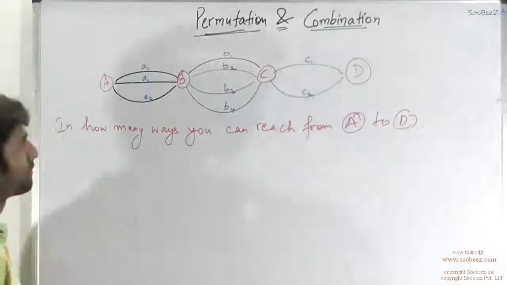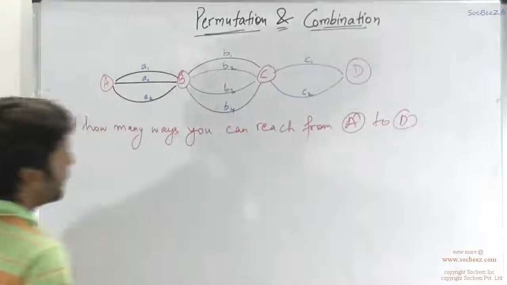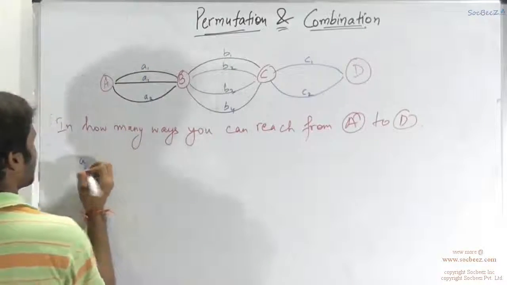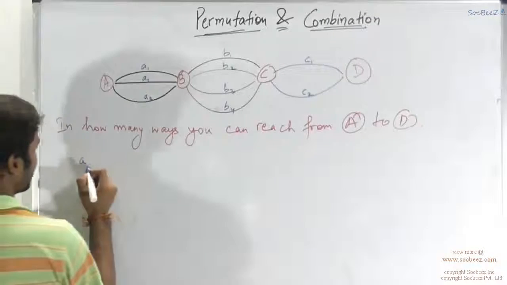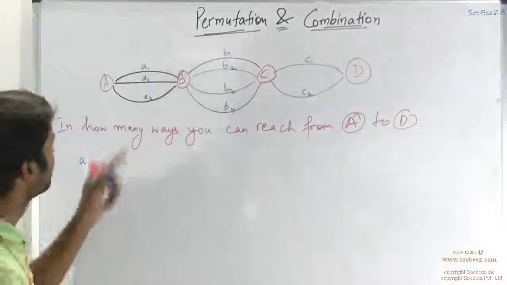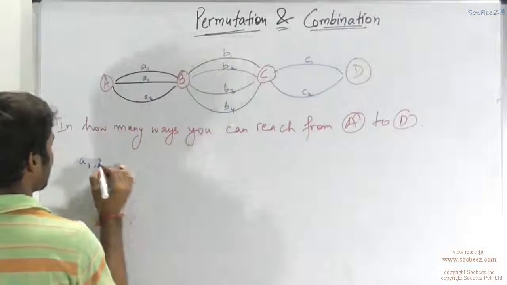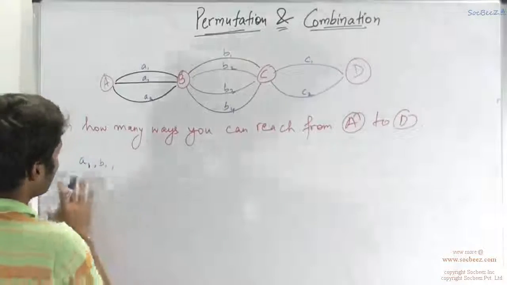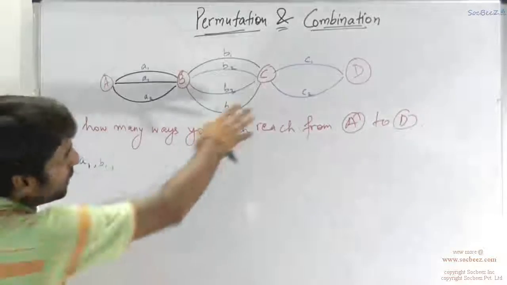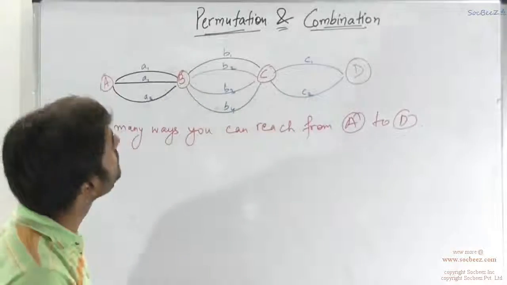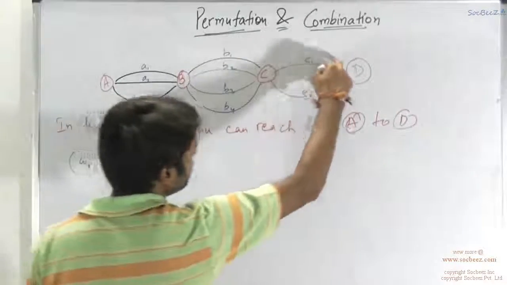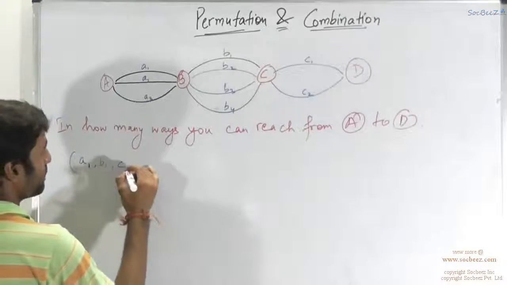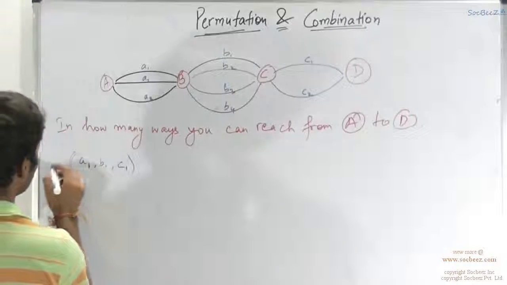Let us suppose we start by choosing the first path, say A1. Then we chose B1. By choosing A1 and B1, you have reached the point C. At C, how many choices do you have? You could have gone by C1 or C2. So if I start enumerating the paths, this is one path.